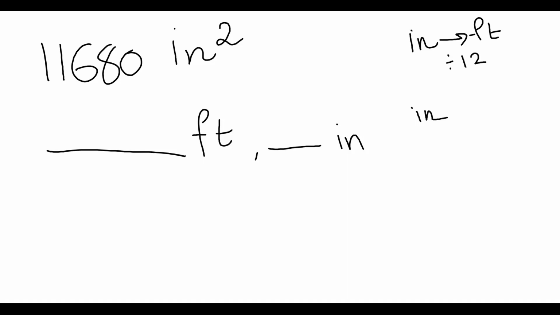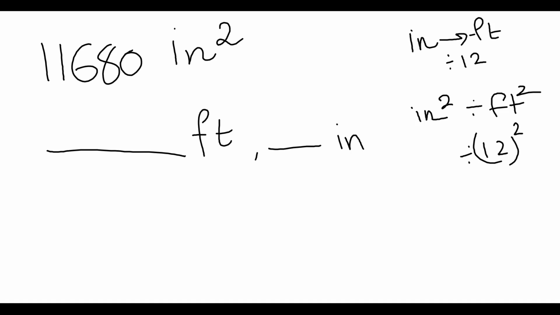But if you want to convert from inch squared to feet squared, you have to divide by 12 squared, because it is a squared unit. So from inch to feet, divide by 12, but from inch squared to feet squared, divide by 12 squared.